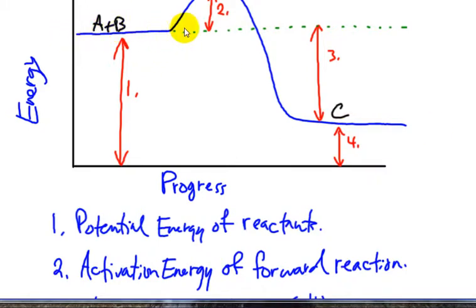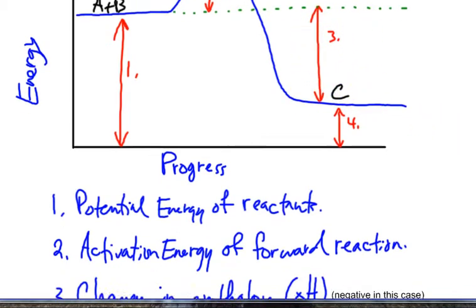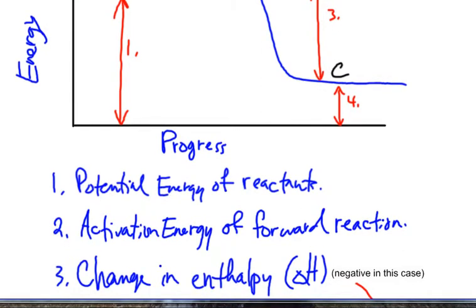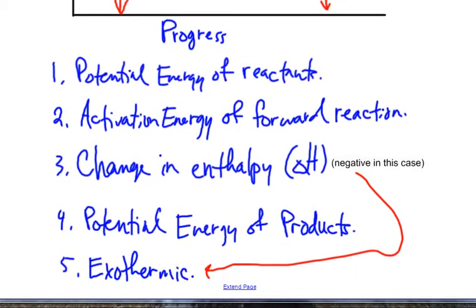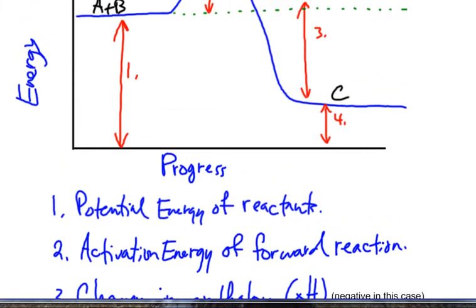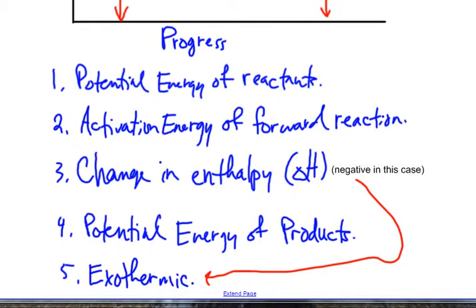Number 3, the difference between where the reactants are and the products, is the energy that's released in this case, so it's an exothermic reaction, negative. And lastly, number 4 is the energy that the products have, so potential energy of products. And I added an extra question just simply saying that, yes, it's exothermic because delta H is negative, it's going down.